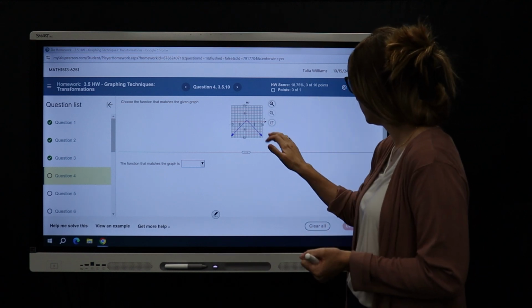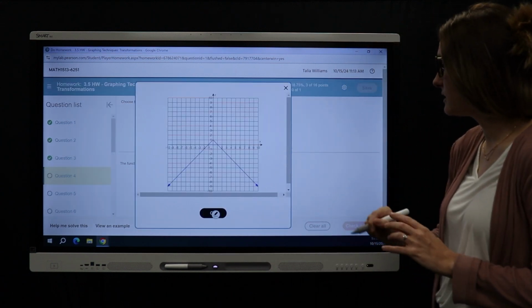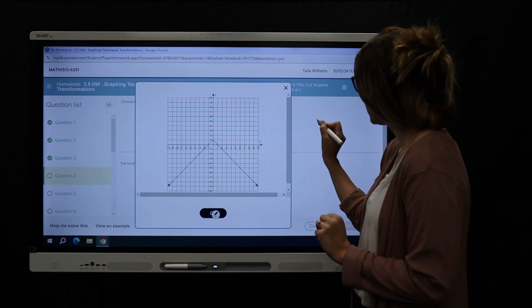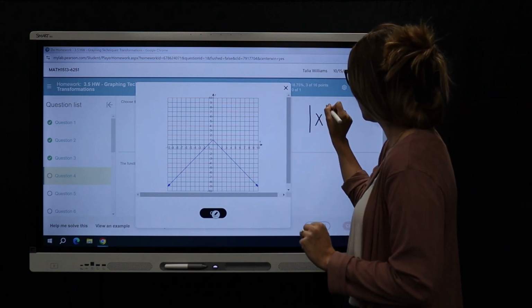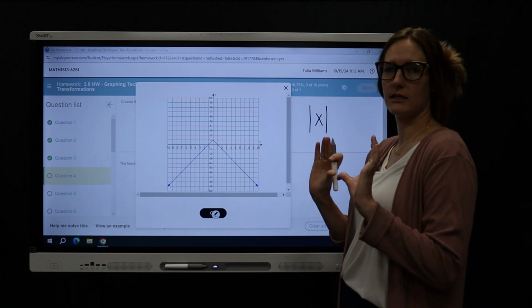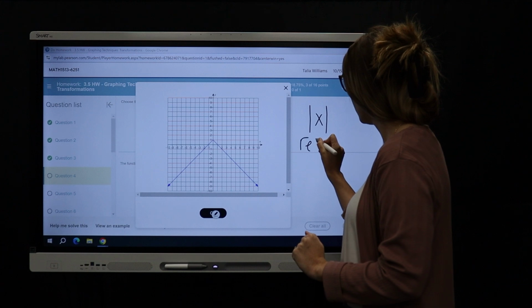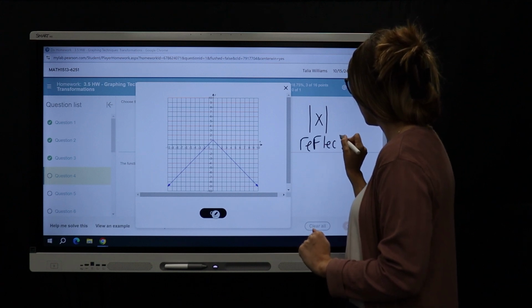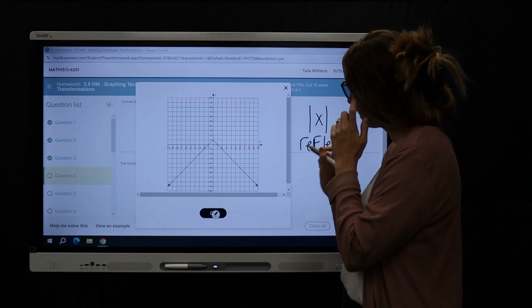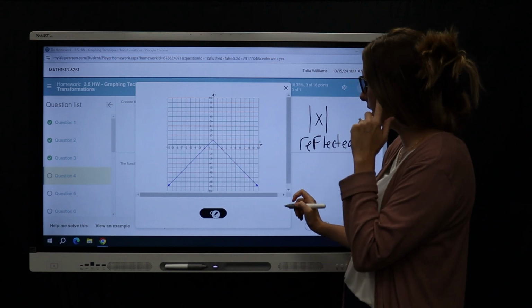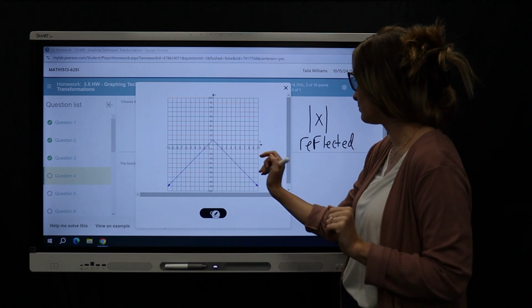Okay. This is also that V shape, so this is going to be the absolute value of x as our parent function. It's not facing up, it's facing down, so it's reflected. And then this graph has been moved up 1. It's not at 0, 0, it just went up 1.